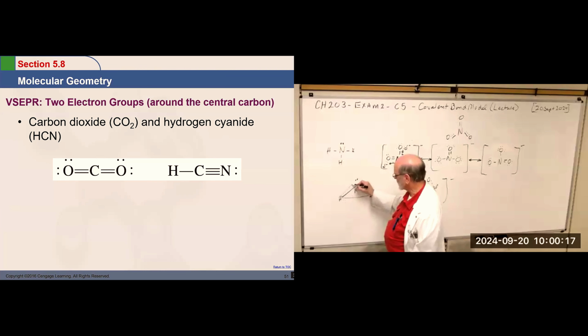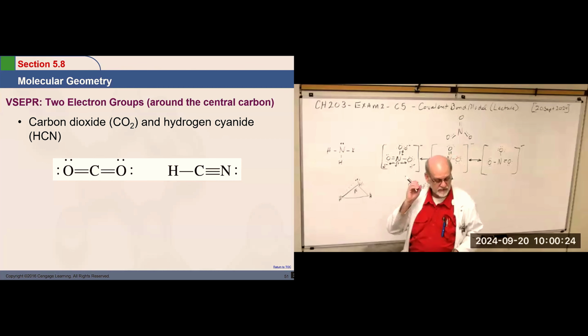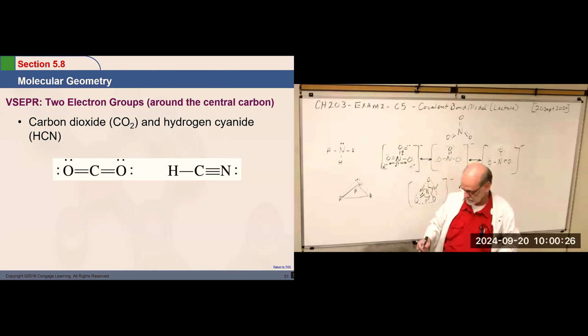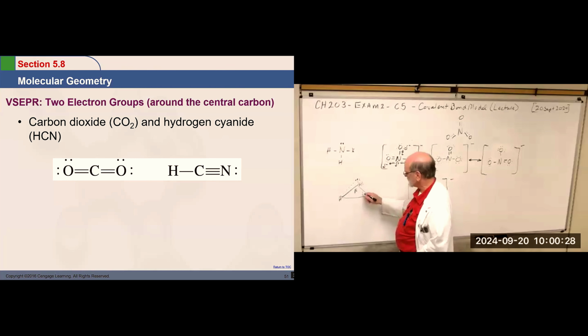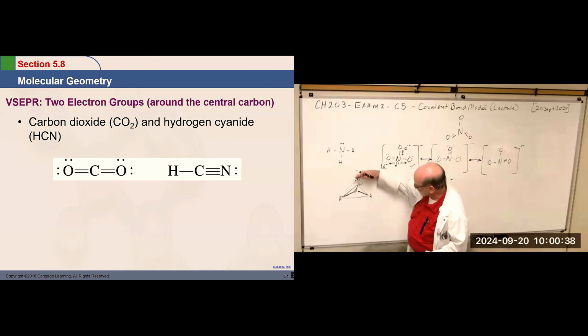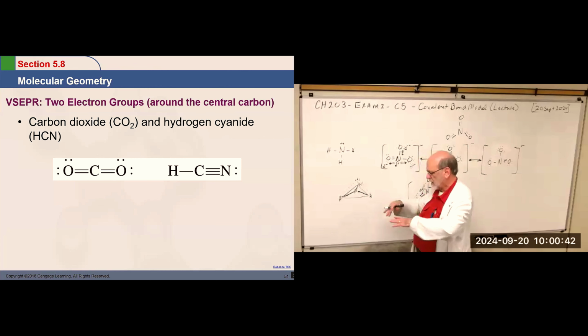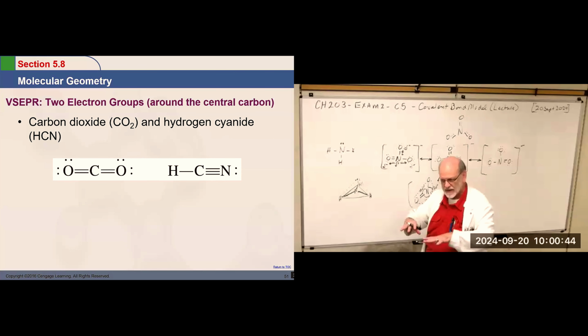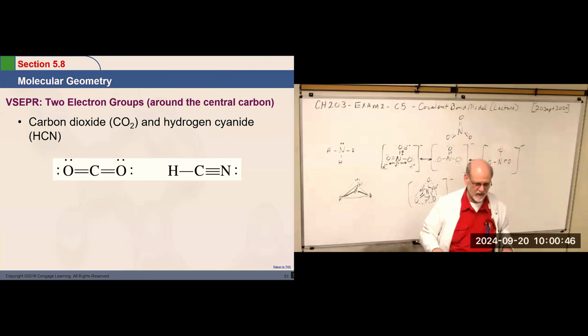So we would draw our tetrahedron here, there, down here, like that. You have to visualize it in 3 dimensions. But the bonds themselves are between here and here, here and here, here and here. So the tetrahedron would put the lone pair up here and these hydrogens on this triangle at the base. But there's one thing about lone pairs.